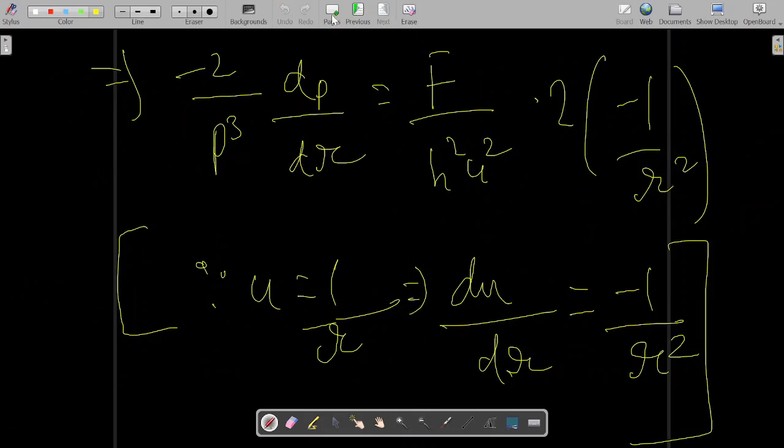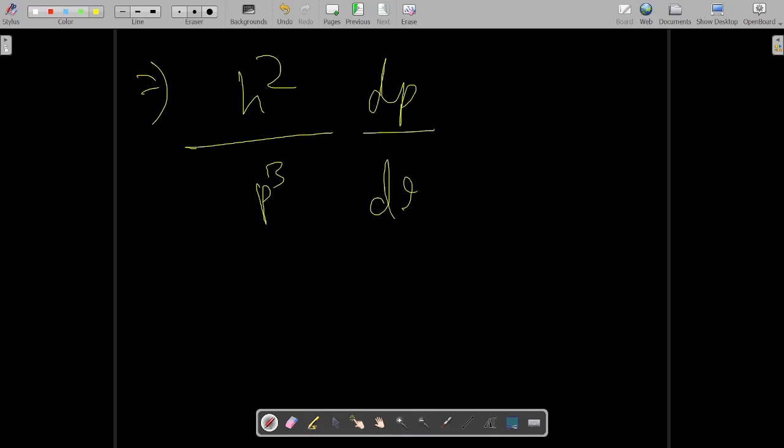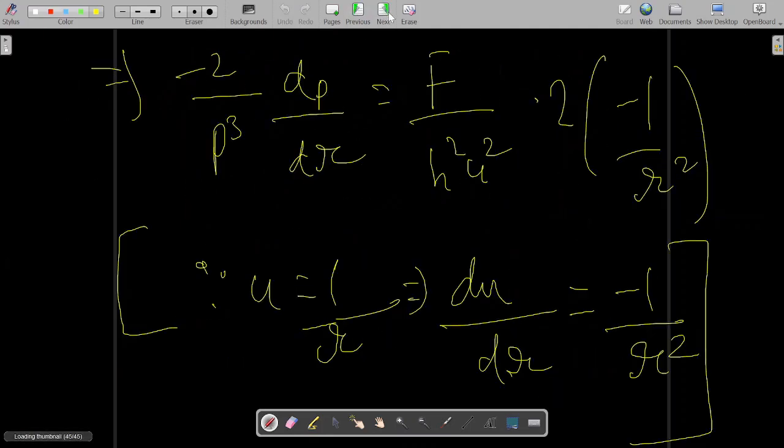So what did you get finally? You got h square by p cube dp by dr is equal to f. This is the thing which you got in the final step. How did you get this?